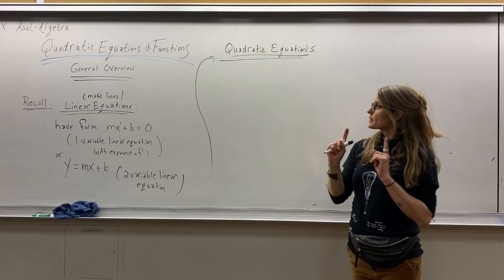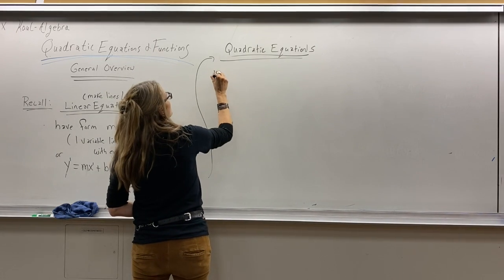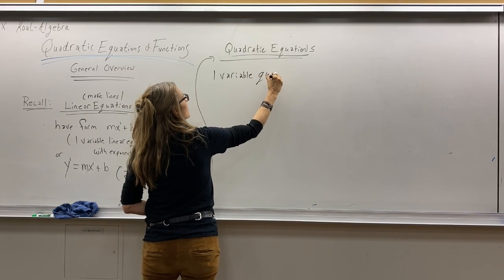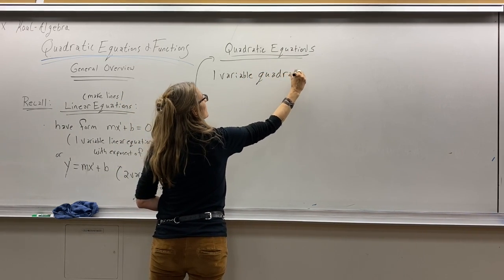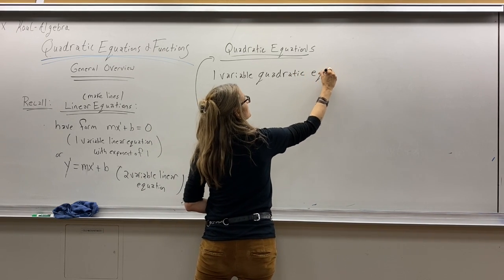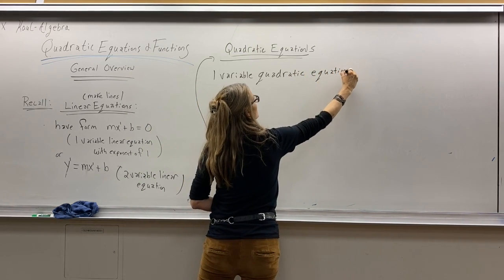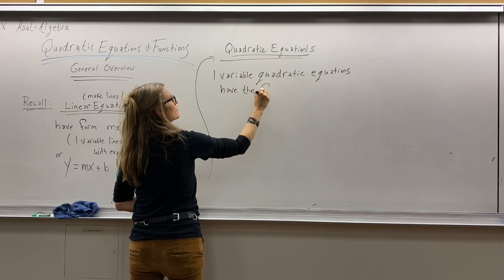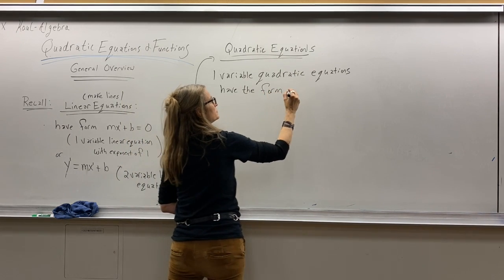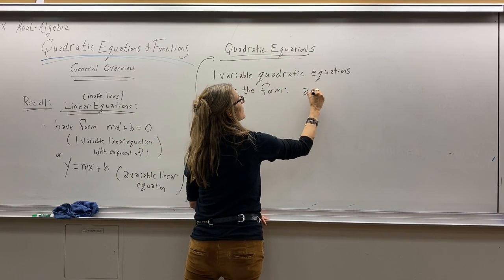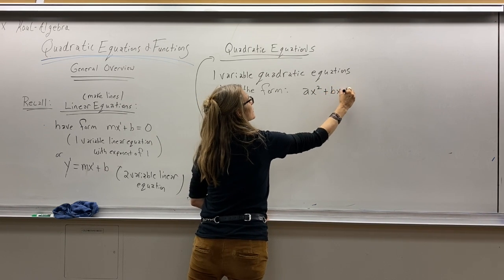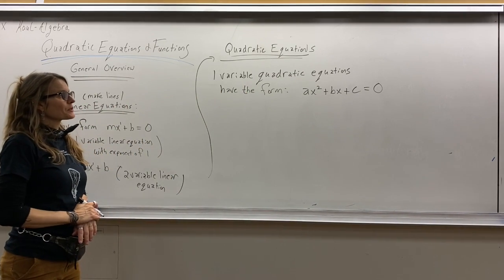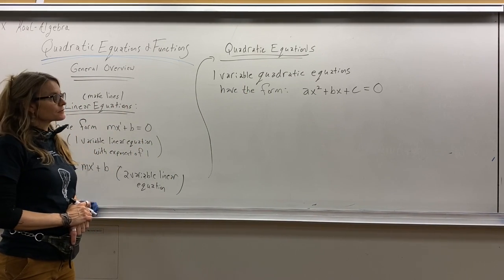Quadratic equations. What we're going to start with is the one variable quadratic equation, which has this form: ax² + bx + c = 0.